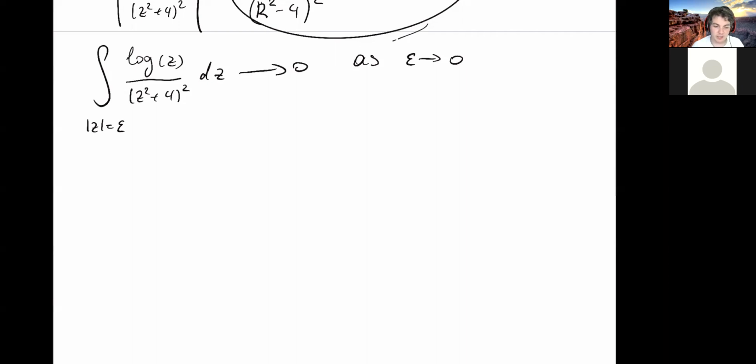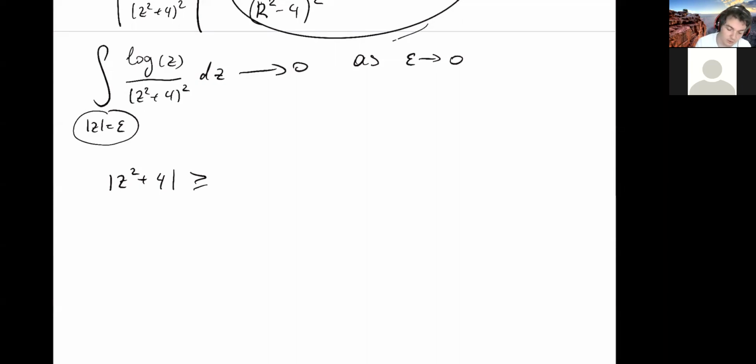Here, the path helps us. The path is very short. The length of the path is pi times epsilon. So all I need to prove is that the function is not too big. We still need less or equal. That's good. But to estimate this, I still need to estimate this from below.